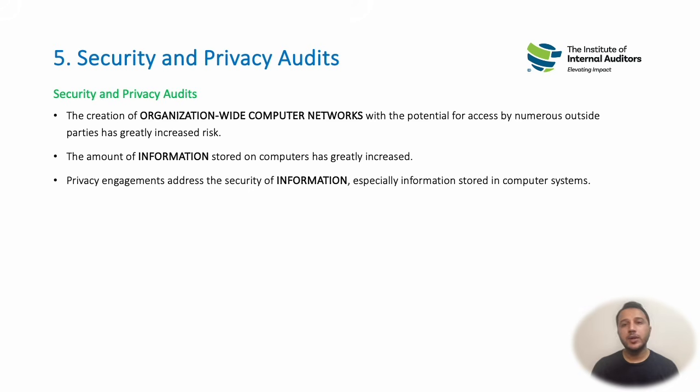What happened in organizations is that the head of internal audit hired a team. Within his team, apart from financial and operational activities, they also carry out information security, IT, and privacy audits.